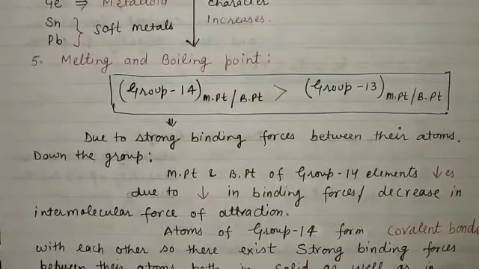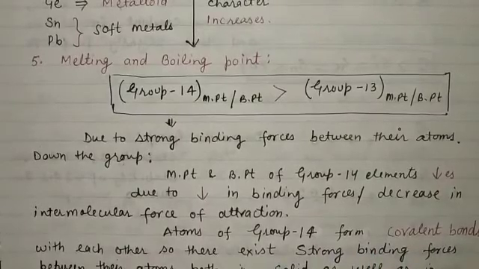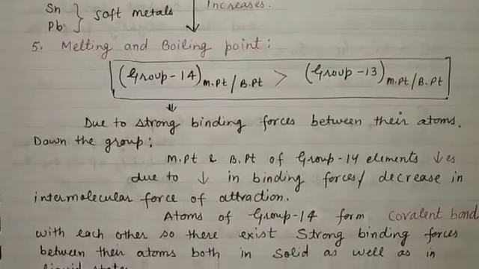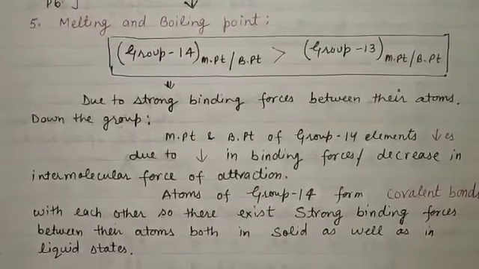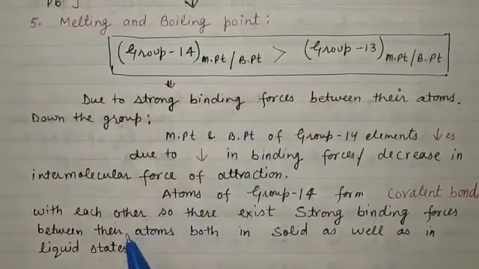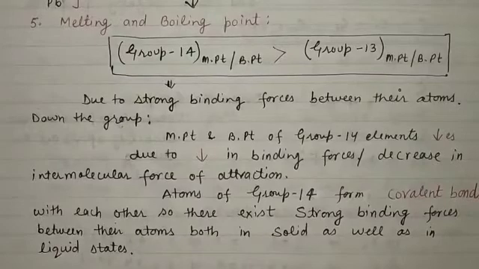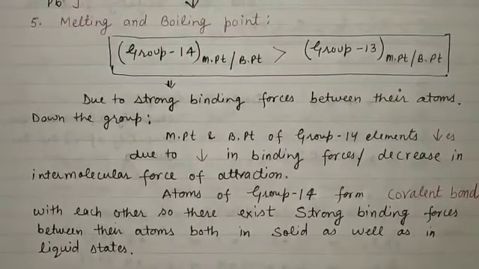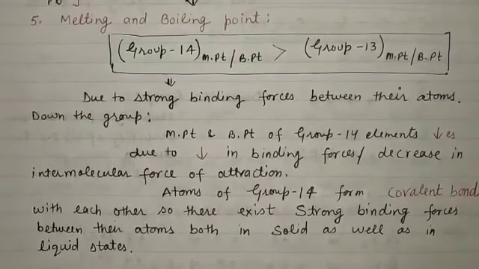Atoms of group 14 form covalent bonds with each other, so there exist strong binding forces between their atoms both in solid as well as in liquid states. Just because of these strong binding forces, they have a higher value of melting and boiling point compared with group 13 elements.